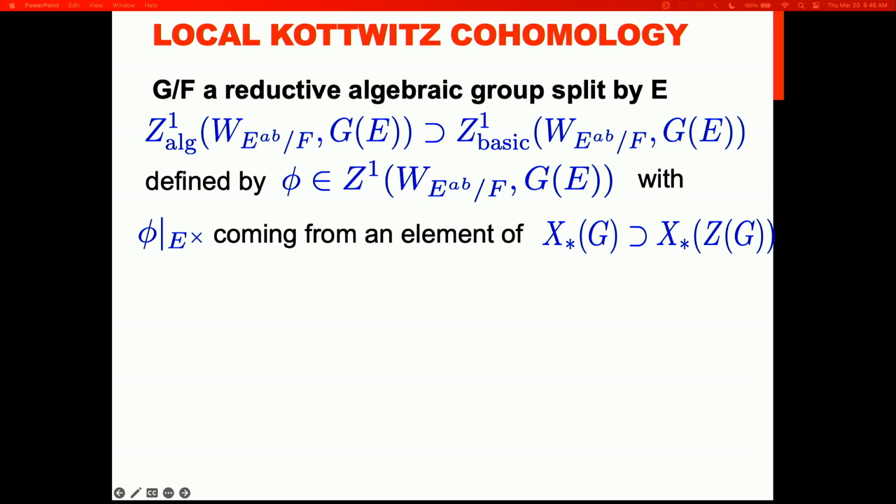Either they should just be given by a cocharacter from Gm to the group G, or they should be given by a cocharacter in the basic case that's valued in the center of G. And again, coboundaries are just what they usually are. Coboundaries take these algebraic and basic cocycles to themselves.